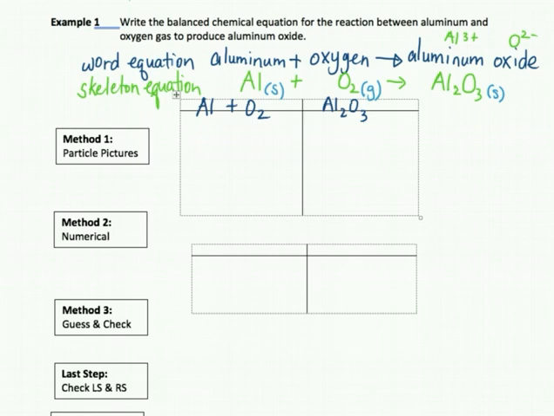I'm going to draw in the particles underneath each one. There's 1 aluminum there, and here a diatomic compound of oxygen with 2 oxygens in it, and the product, aluminum oxide, has 2 aluminums and 3 oxygens.